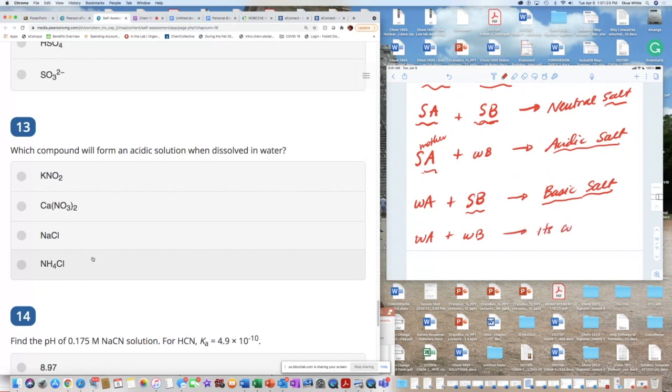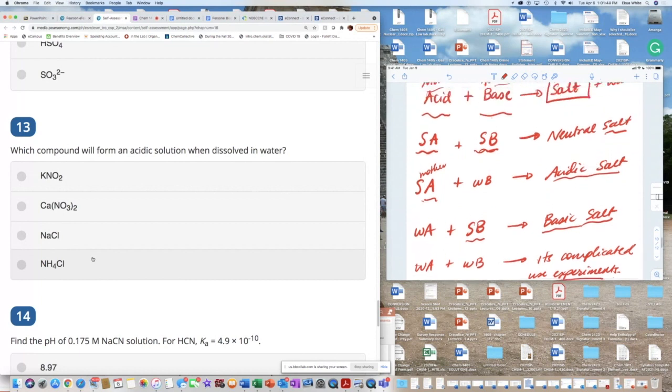It's complicated. So when it gets complicated, we use experiments, right? You use experiments to help you sort through the complications. And then in the experiment, you end up using a table, and the table illustrates to you which is stronger, which is weaker. Okay, back to the question.